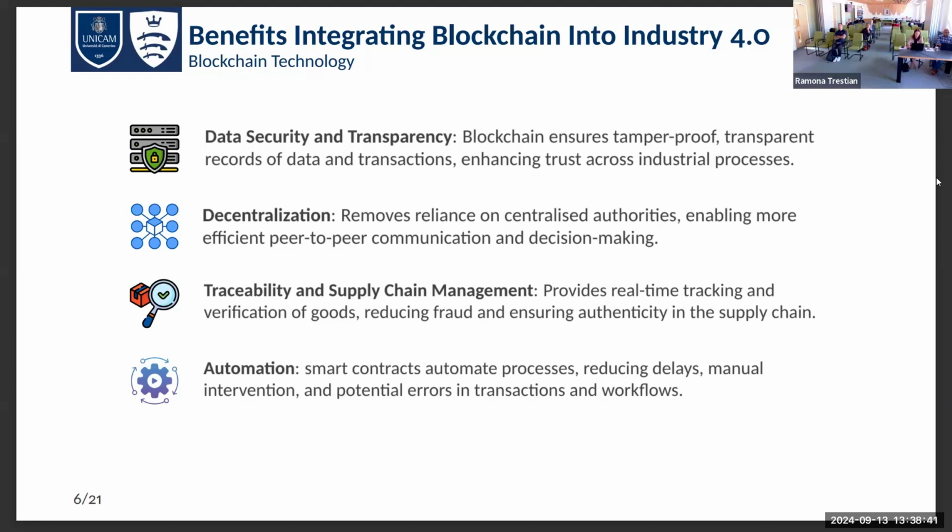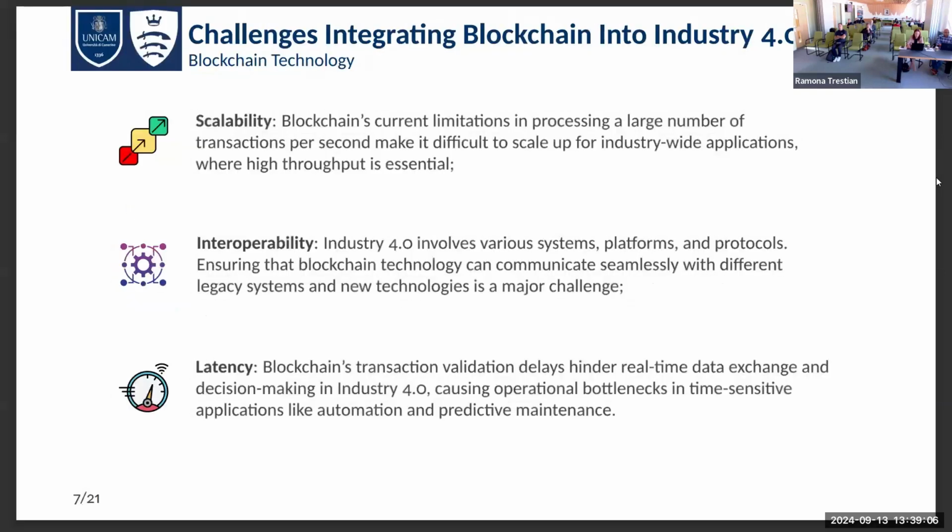And the use of smart contracts can maximize automation, for example, by triggering payments depending on some events or any other function that can be coded within a smart contract. But even if the blockchain can bring some benefits, it also brings some challenges.